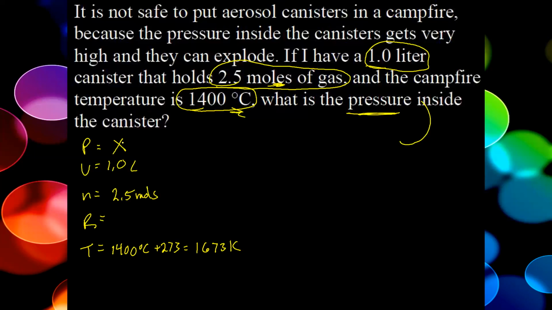If I pick the one in liter atmospheres per mole K, then my answer for pressure would be in atmospheres. If I pick the one for liters, millimeters of mercury per mole K, then my answer would be in millimeters of mercury. Now here's the thing, please listen well. In Canvas, I tell you what the pressure is in, and I'll tell you whether I want millimeters of mercury or atmospheres, okay? So I'm going to tell you what I want in Canvas.